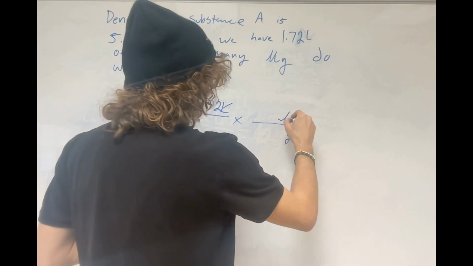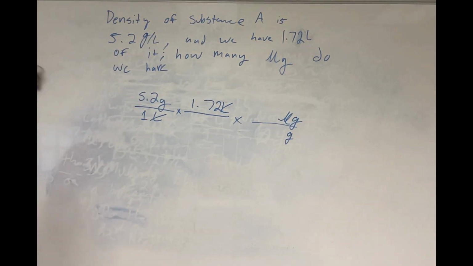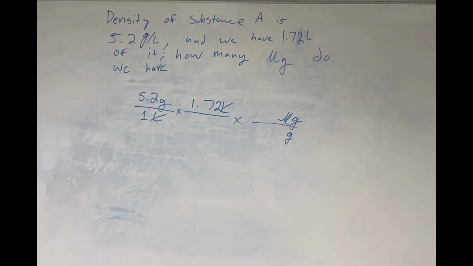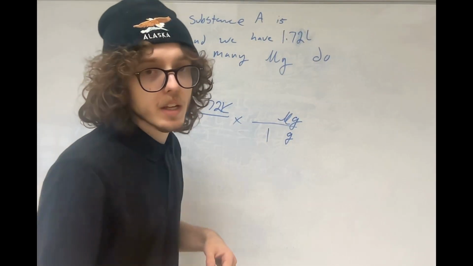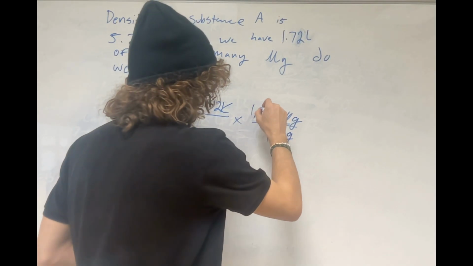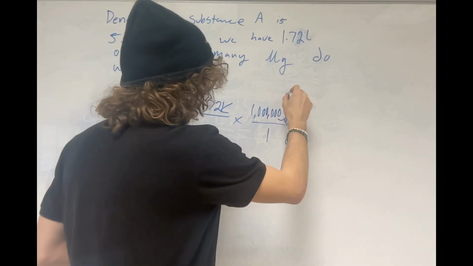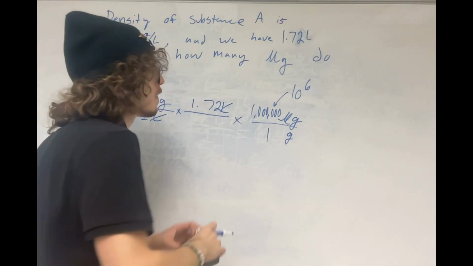But on top, we want the microgram. Okay, so what relates the two? What's the relationship between a gram and micrograms? How many do you have? Well, I know that for every 1 gram, I have 1,000,000 micrograms. You could also write this as 10 to the 6 if you want to just shorthand it.